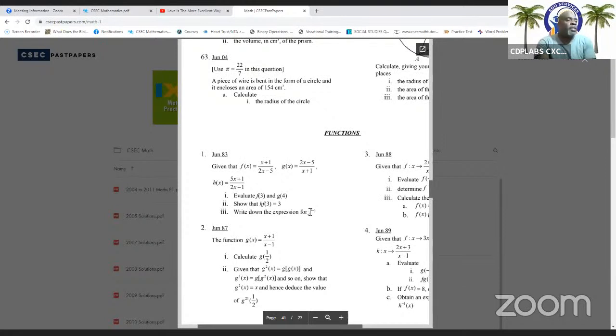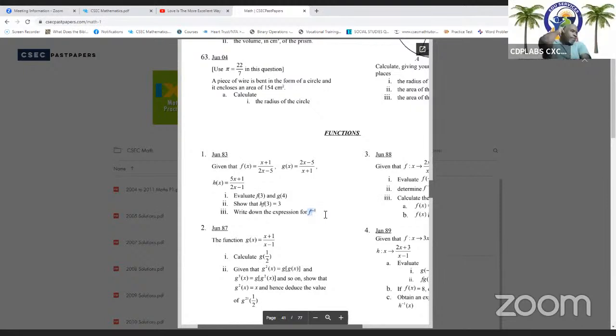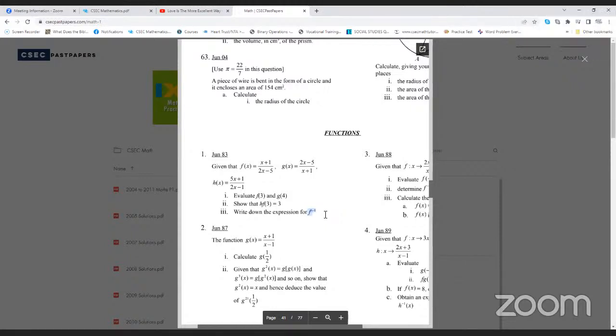Anybody can tell me what this expression is? Any idea? No idea? No, sir. All right.